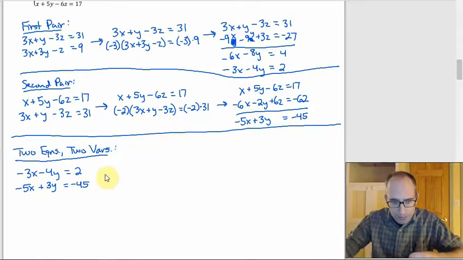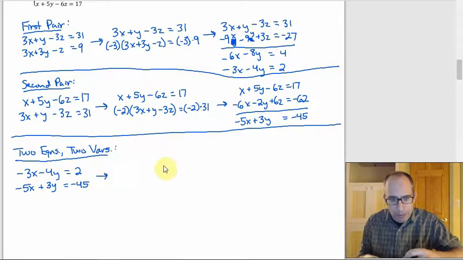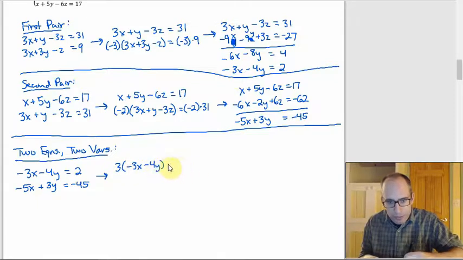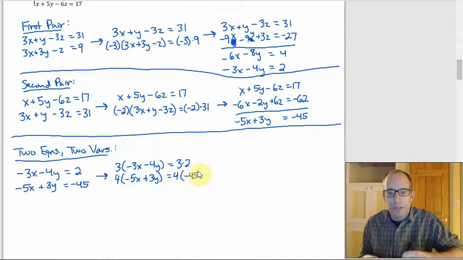All right, so multiplying both sides of the top by 3, both sides of the bottom by 4. So 3 times negative 3x minus 4y equals 3 times 2. And on the bottom, 4 times negative 5x plus 3y equals 4 times negative 45.